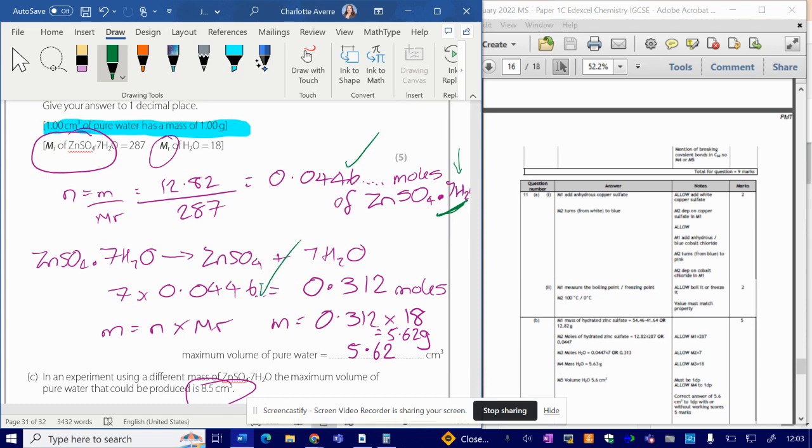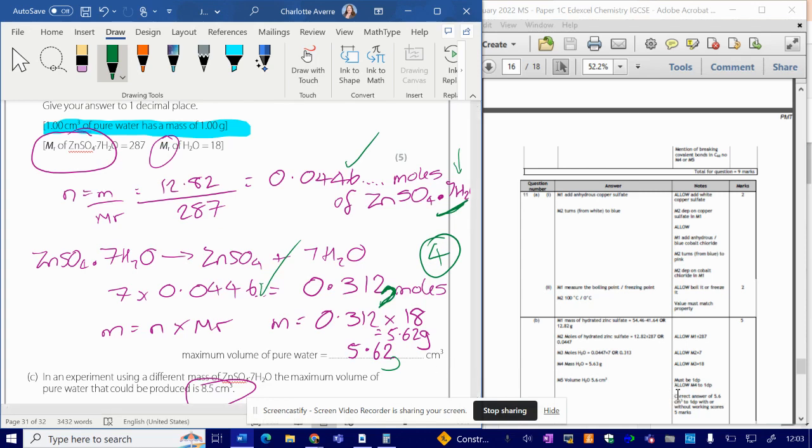Okay, I've lost something in my rounding here, so this is why you've got to be really careful with your rounding. So that would have been 3.13, which would have given me 5.63. Okay, so I would still get the mark because I'm timesing by 7, but I probably would have lost 1 mark there for not having my answer entirely correct.